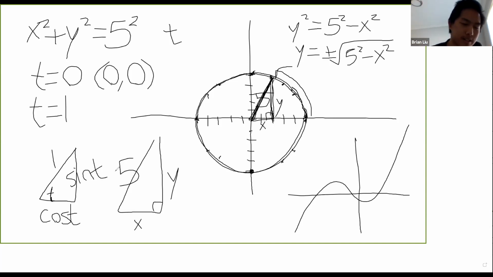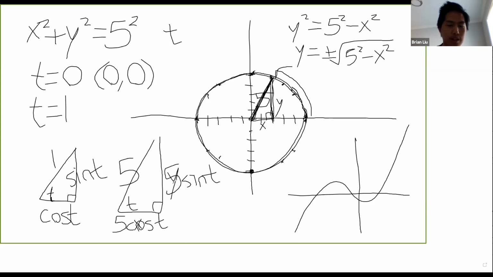But here, if we scale this right triangle up by 5, then instead of x, we have 5 times cosine of t. And then y would be 5 times sine of t. So in another way, cosine is the adjacent over the hypotenuse, and sine is the opposite over the hypotenuse.